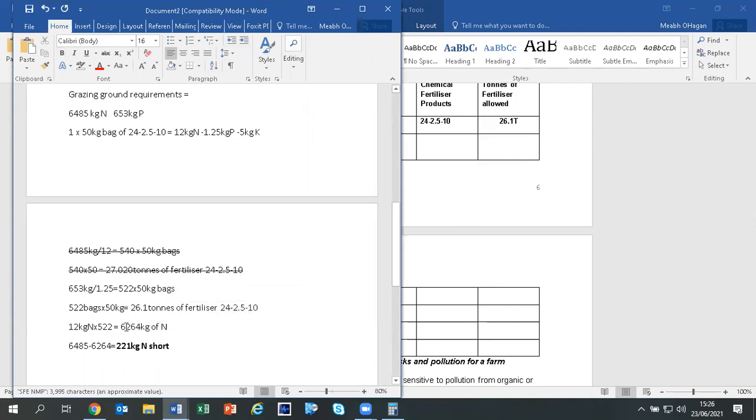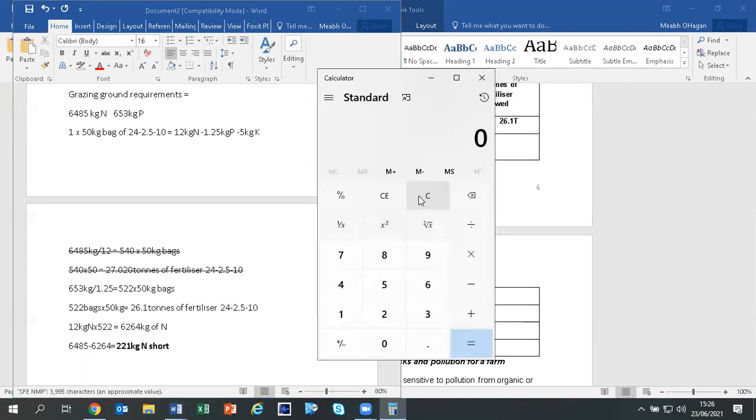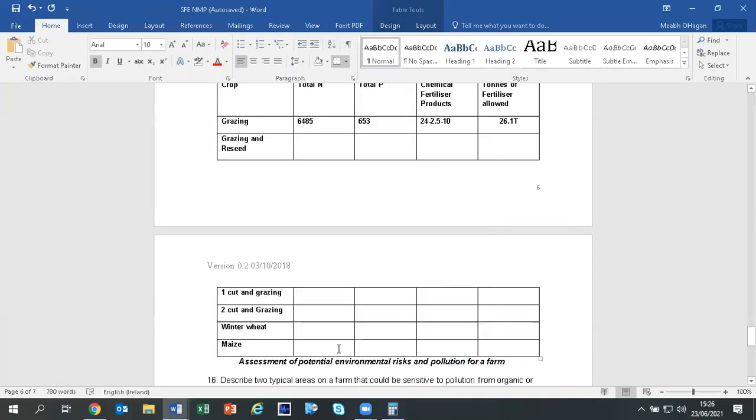So far we have spread 6,264 kilograms of nitrogen. We just worked that out. We're allowed to spread 17.5 tons of nitrogen altogether. We've just spread 6.264. So we now have 11 tons of nitrogen remaining to be divided across the rest of the ground.